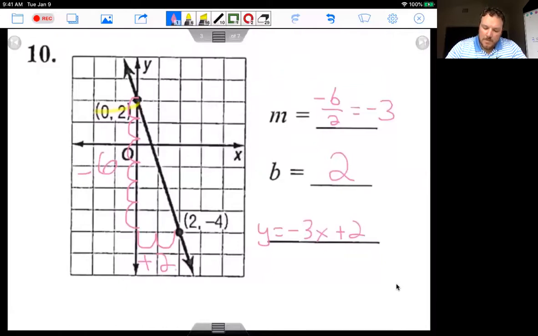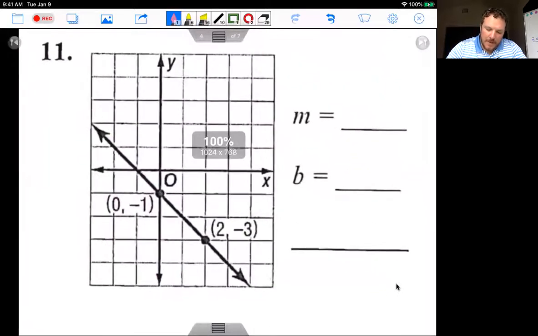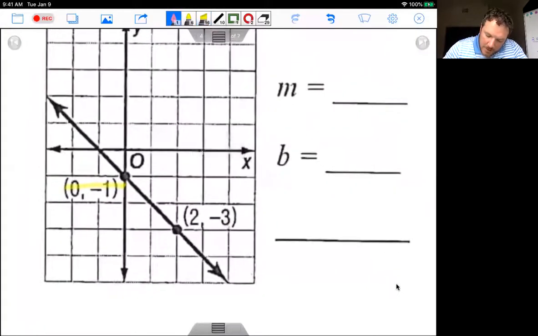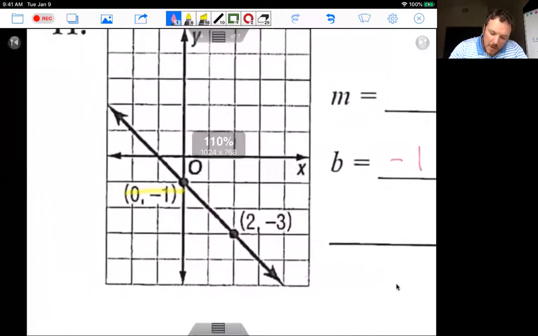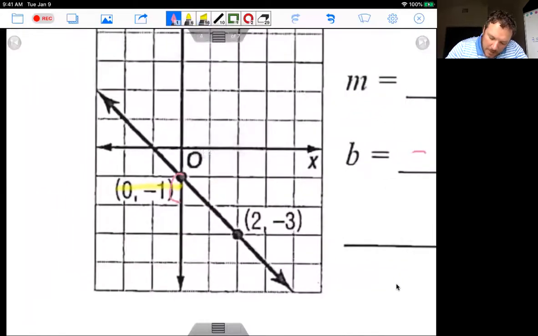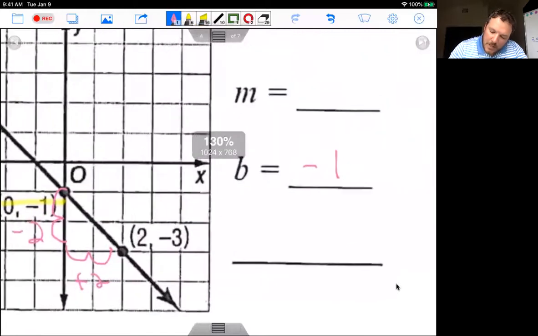Next problem, number 11. Again, my y-intercept's given. That's nice. Got that going for us. So my y-intercept's at -1. And for my slope, I'm going to go down 2. So that's a -2. Then I'm right 2. So that's +2.